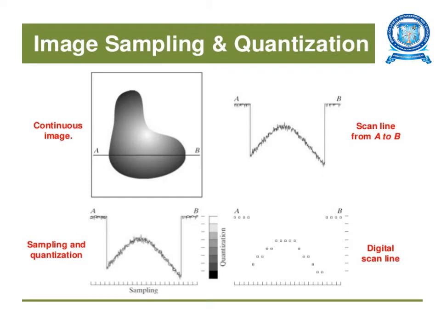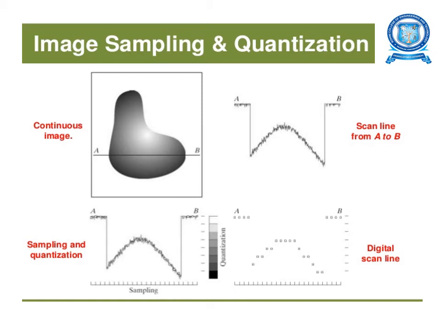You can understand it very clearly from this given example. We have taken a continuous image, and now we are sampling and quantizing between the line A and B. In this continuous image, we can see that there is a line segment across that analog image. We have taken that particular space between A and B, and we are scanning from A to B, and then sampling and quantizing that image.